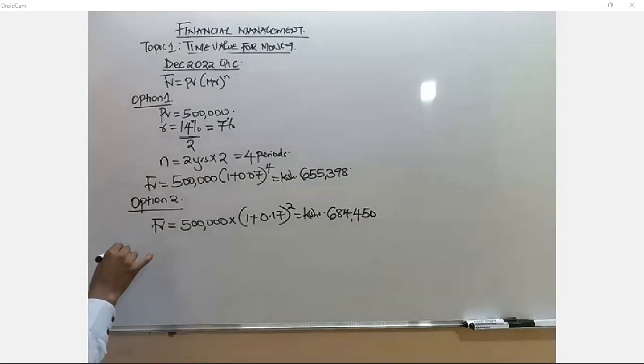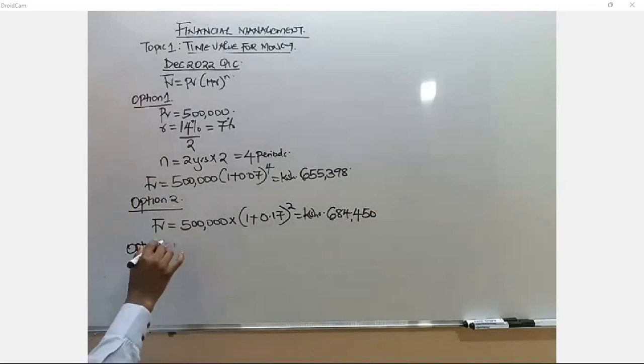Then we have option 3. What does option 3 tell us? We are being told to invest with Faida Bank Limited, which is offering 16% per annum, with interest paid every 3 months. It means we need to determine the quarters that we have in a year. We normally have 4 quarters. So in this case, the rate is going to be affected.